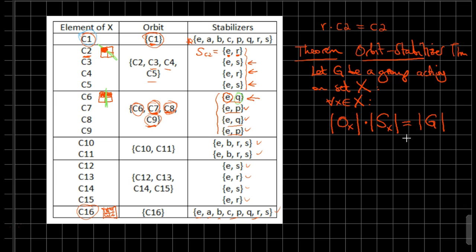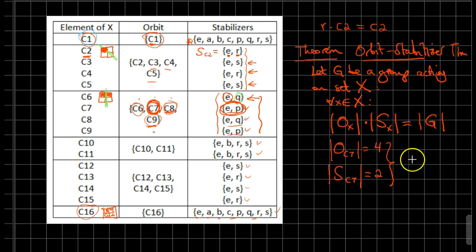In any of these cases, the coloring patterns that we have, they all work. For instance, the orbit where C7 lives has 1, 2, 3, 4 elements in it, so therefore the orbit of C7 is equal to 4, whereas the stabilizer of C7 has 2 group members, which fix C7.